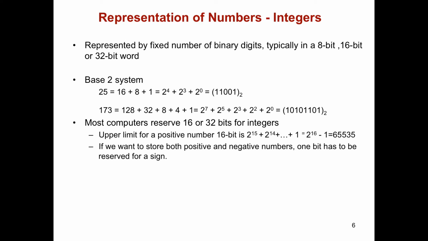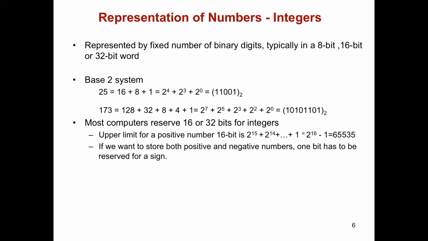If you plug in 2, you get that 1 plus 2 plus all the way to 2 to the 15 is 2 to the 16 minus 1, divided by 2 minus 1, which is 1. So that's 2 to the 16 minus 1, which happens to be 65,535.